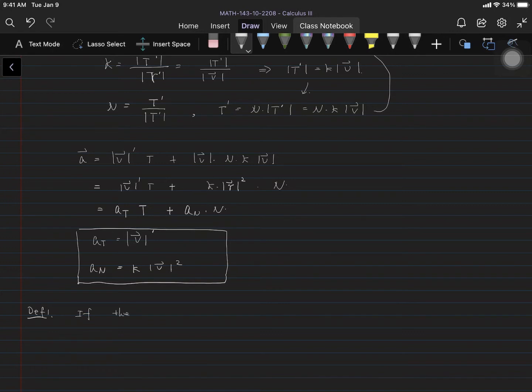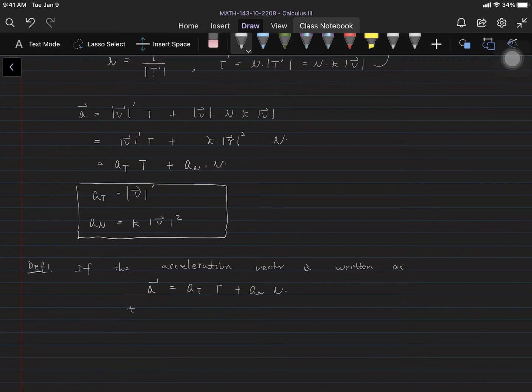If the acceleration vector is written as a vector equals a_T T plus a_N N vector, then a_T equals the derivative of the v length, and a_N equals K v squared.